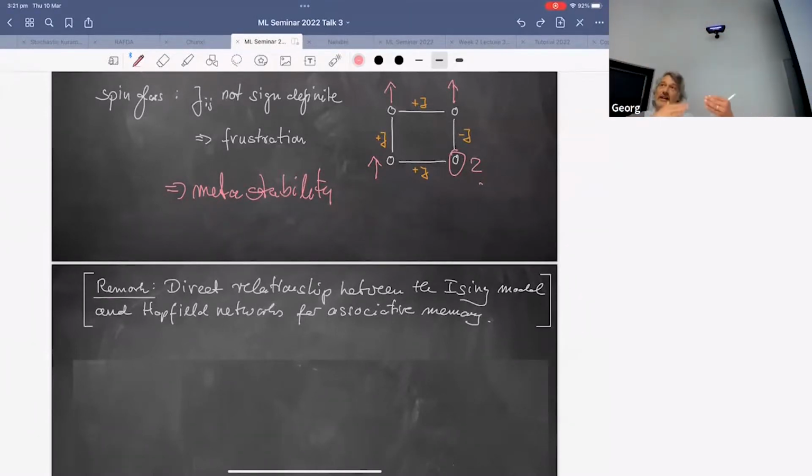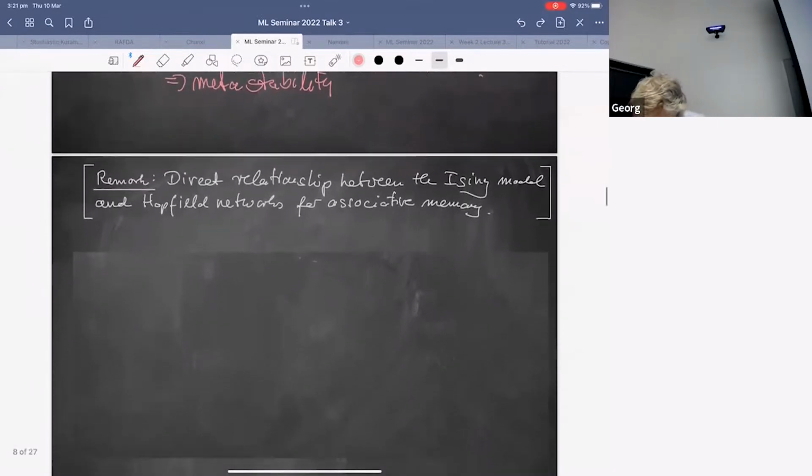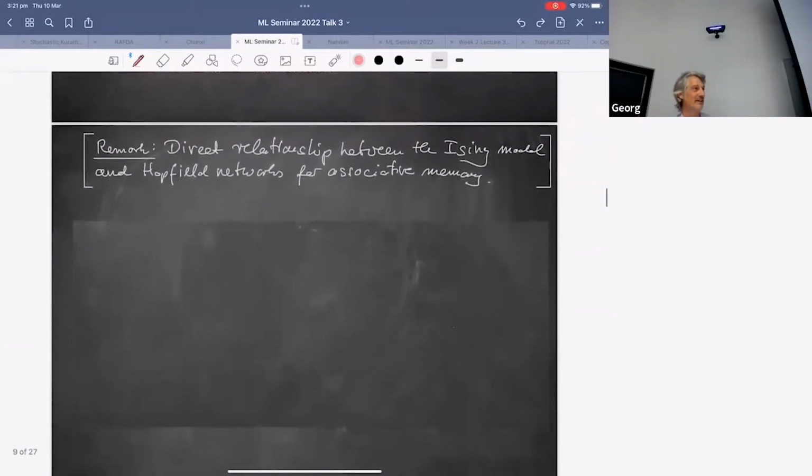That's where Ising models had a very direct link with networks. I'm going to talk about something with a less direct connection, but an interesting one that tells us about the energy landscape of deep networks. Because we're interested in deep networks, these Hopfield networks are not the focus here.